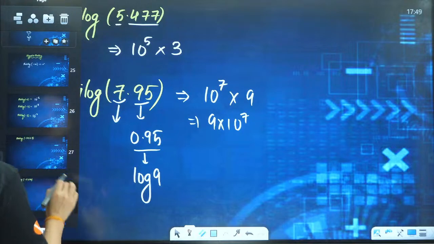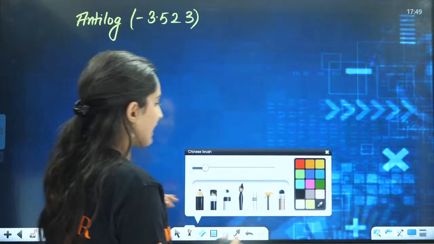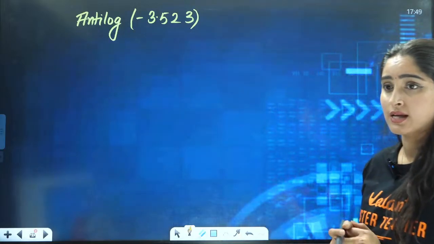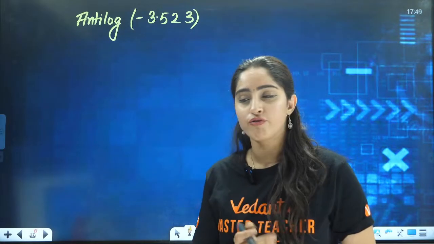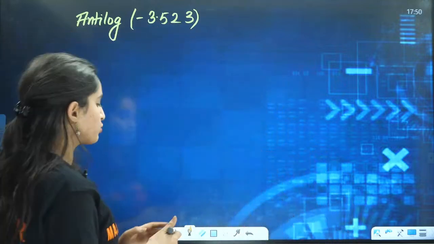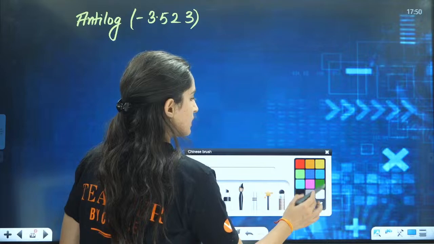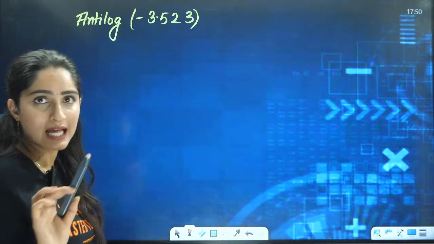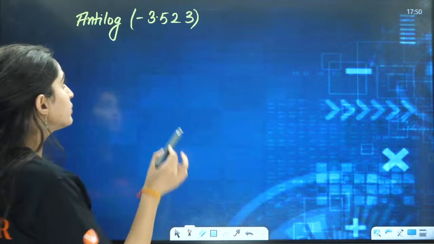Now, let us see how to take antilog of this value, which is the difficult part of today. But we will do this very, very easily. Listen to me very carefully. Here, if you have minus, that means they are asking you a negative log.